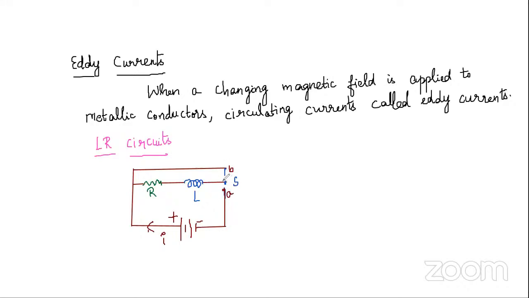So when this switch is moved to the position A, what happens? The cell is connected to the inductor and the resistance.